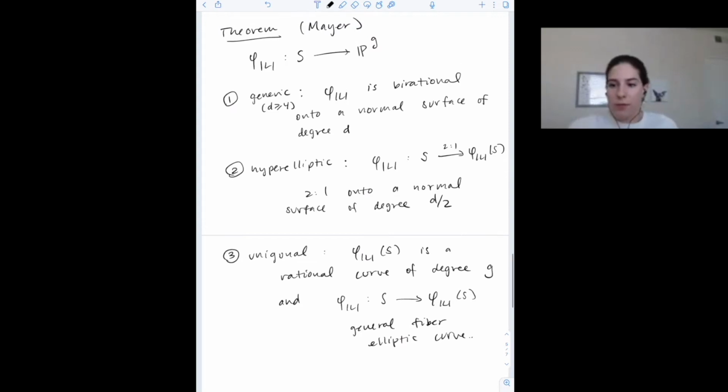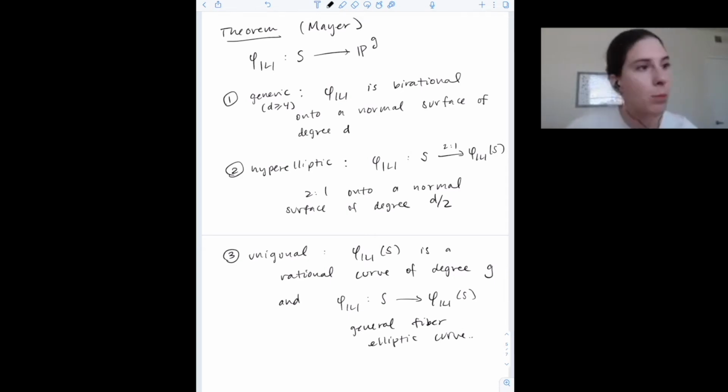So we have these 3 possibilities, and essentially they behave quite differently, and the different geometry of the different cases really will be the key in defining these K-moduli spaces.